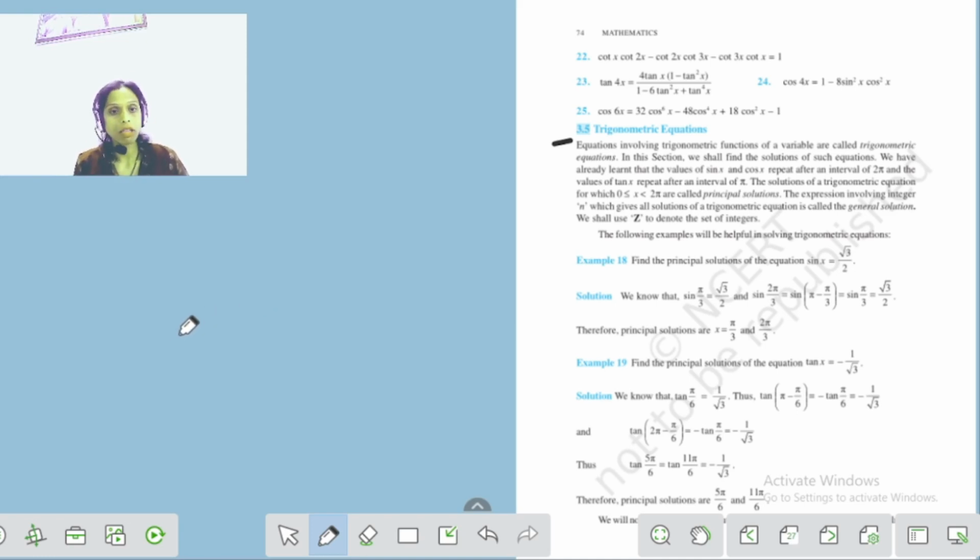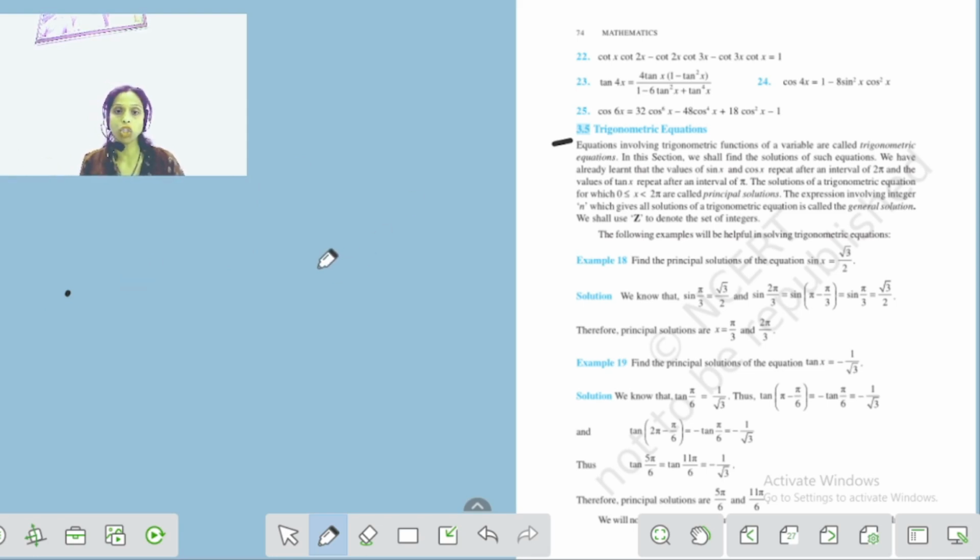Now, in this chapter, what we will do is trigonometrical equations. You are also familiar with the equation. What is an equation? An equation is when you are equating some quantity, variables or a constant, to another one.